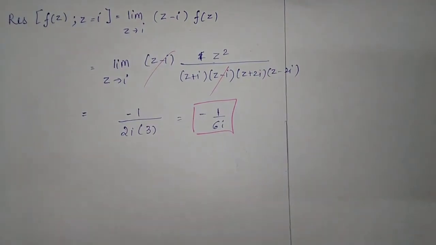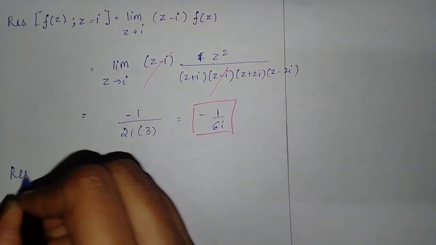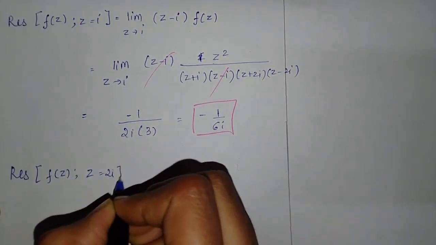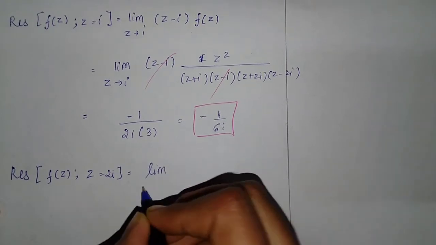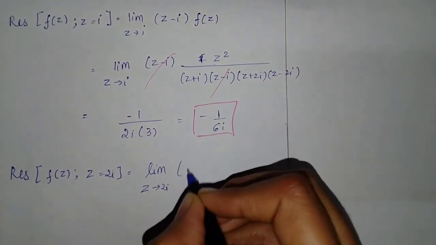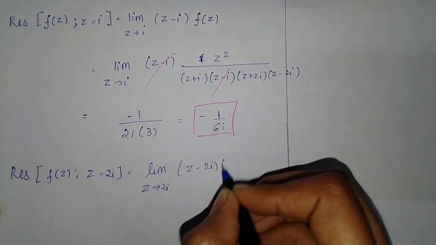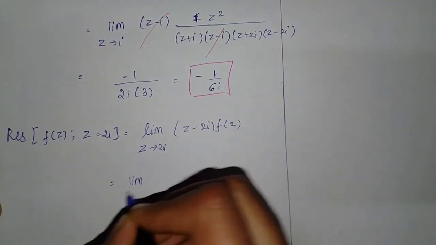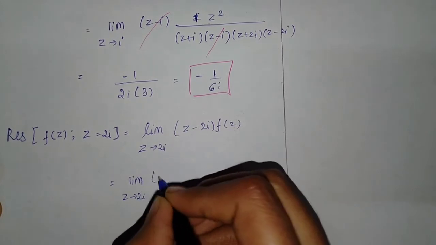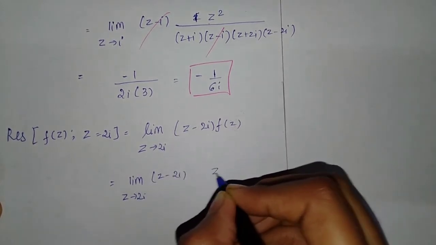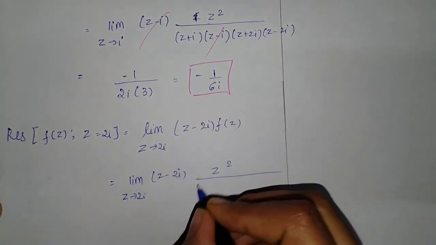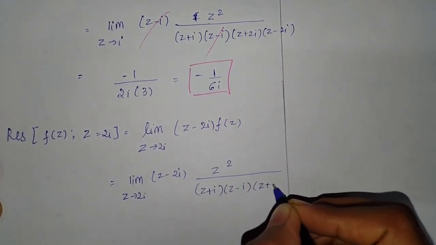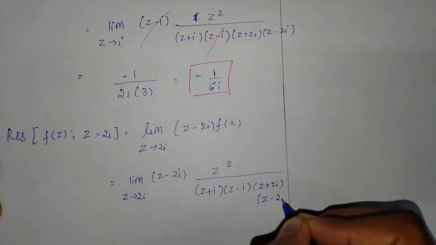Now we will find the residue at z equal to 2i. So it will be limit z tends to 2i of (z minus 2i) into f of z. So again we will put the function, that is (z minus 2i) into z square by (z plus i) into (z minus i) into (z plus 2i) into (z minus 2i).